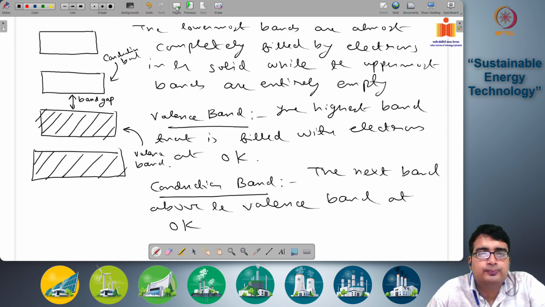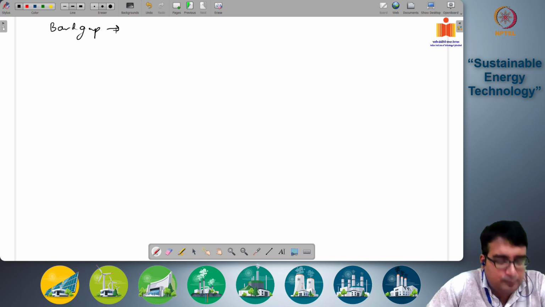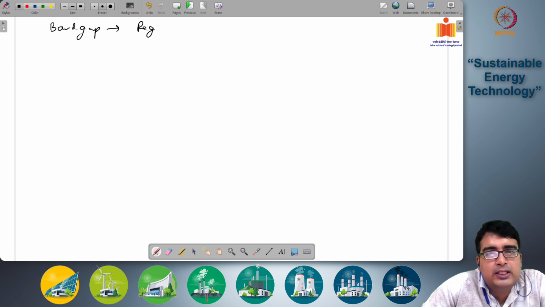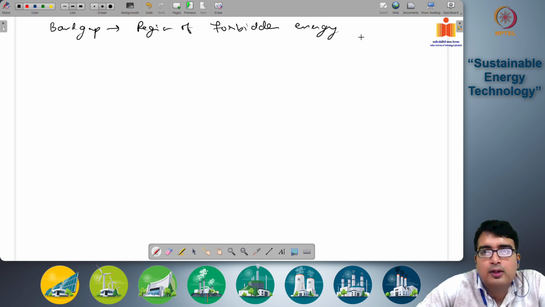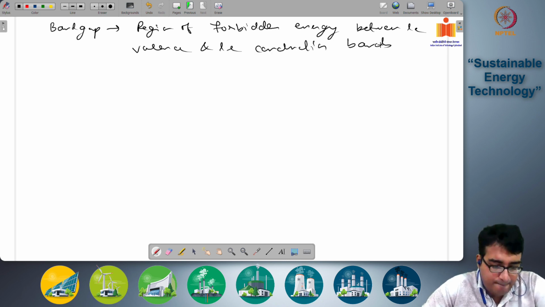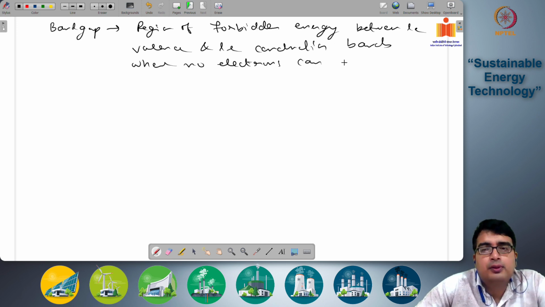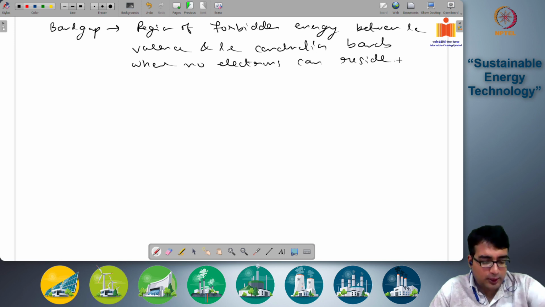The band gap is the region of forbidden energy between the valence and the conduction bands, where no electrons can reside.